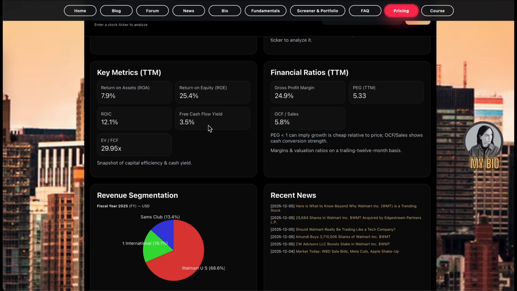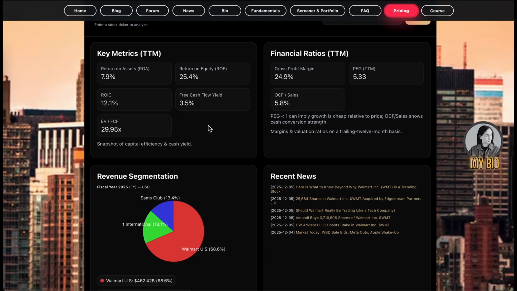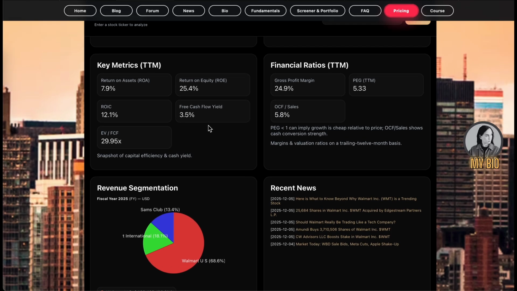Enterprise value is the company's value. Also, the higher the number, the better it is. It tells whether the company is using its cash flow efficiently or not. Another very important ratio is enterprise value divided by free cash flow. From the name, you see that it's enterprise value, the company value, divided by free cash flow.